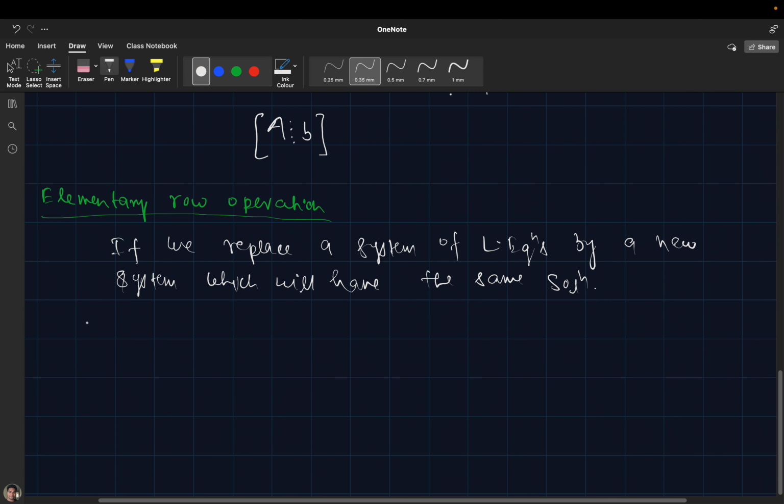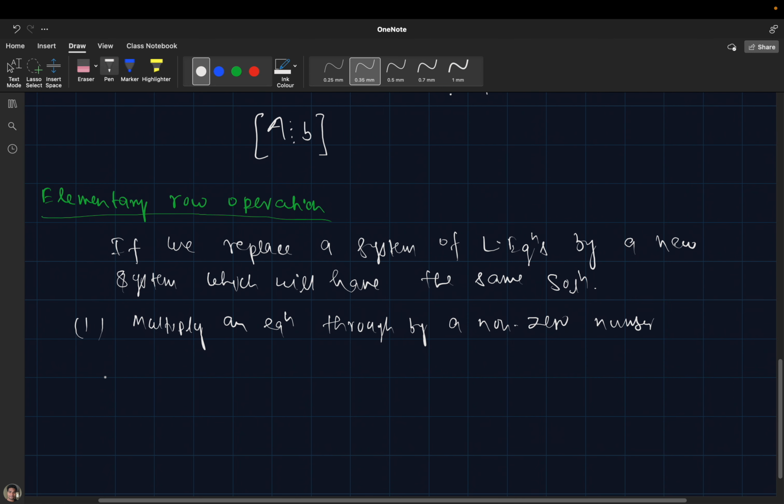So in this we will have three kinds of operations. The first operation is to multiply an equation through by a non-zero number.